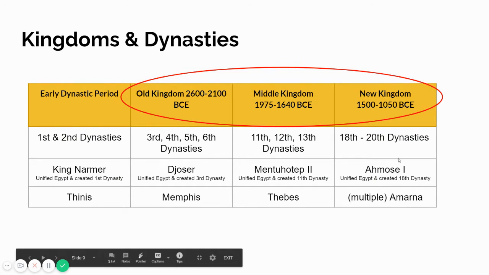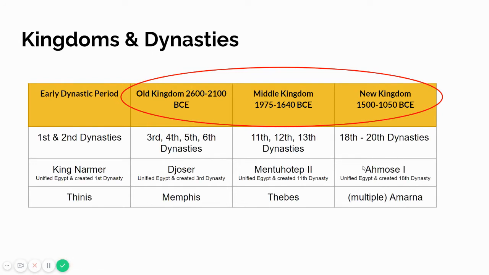So what you need to understand is that these dynasties might be dedicated to Ahmose or Mentuhotep or Djoser, but there were, of course, many pharaohs within the Djoser dynasty, okay?